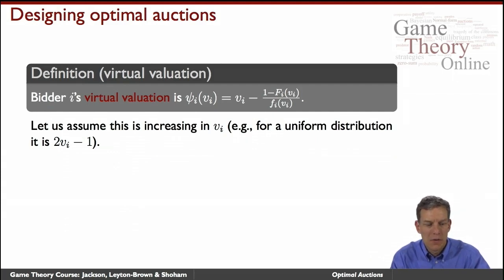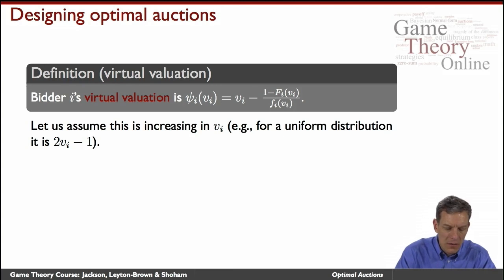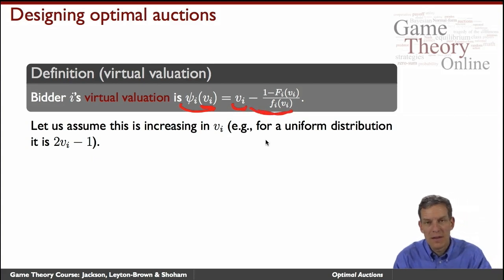do they look like? Well, there's a concept which is important in defining these, and it's what's known as a bidder's virtual valuation. And if you have a true value of VI, your virtual valuation is VI adjusted, subtracting off, you think of sort of shading down your value.